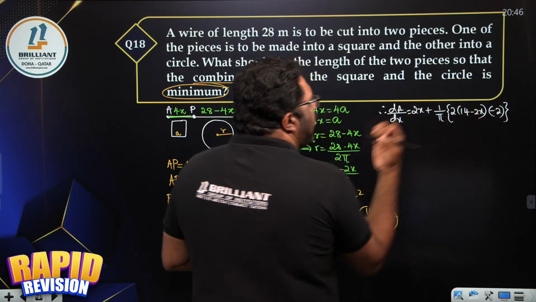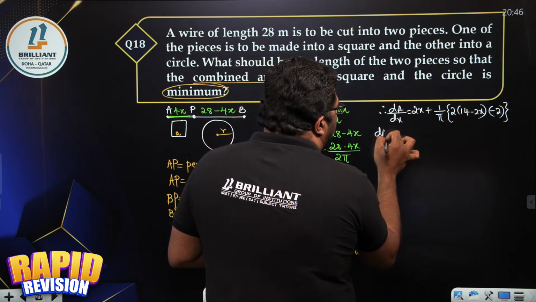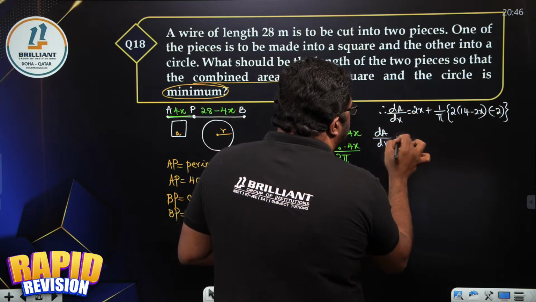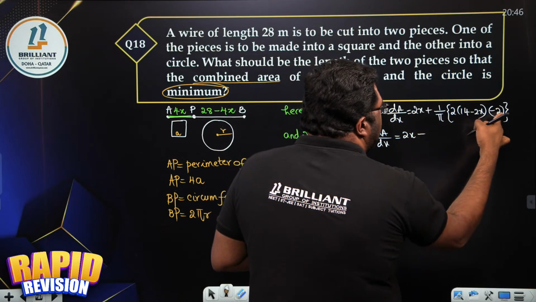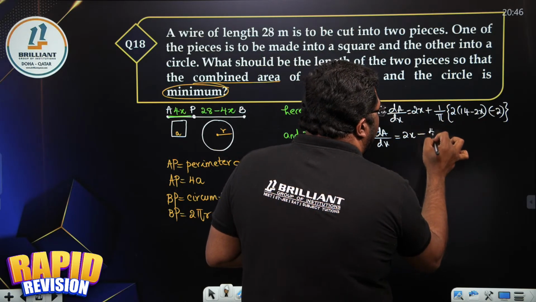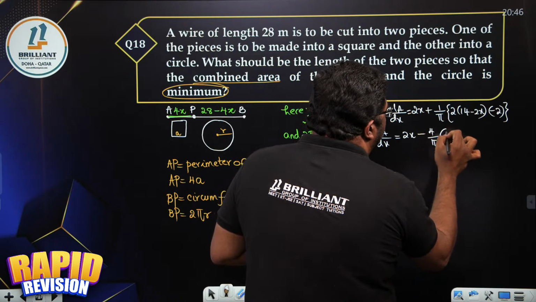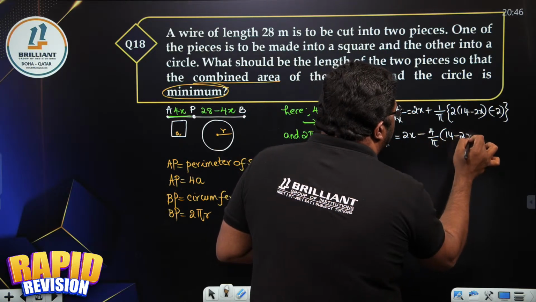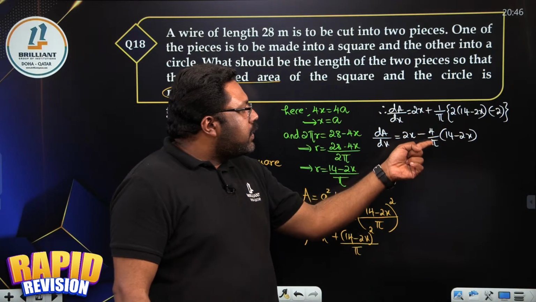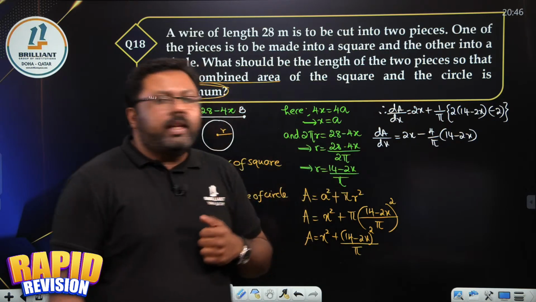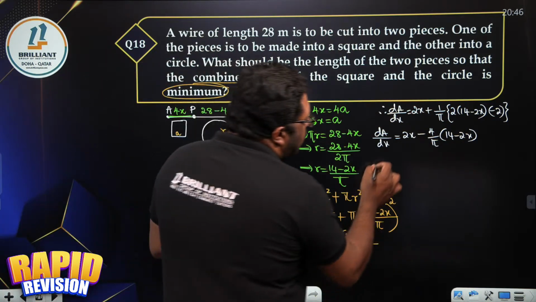So the derivative is completed. dA by dx equals 2x minus 2 into 2, 4 by pi into 14 minus 2x, which is 2x minus 4 by pi into 14 minus 2x.